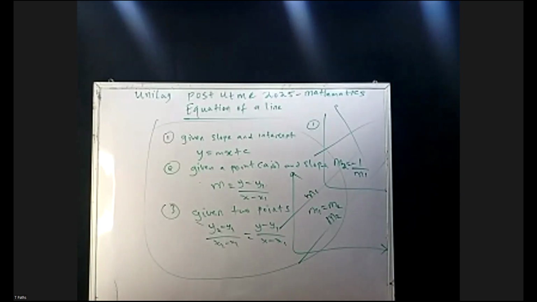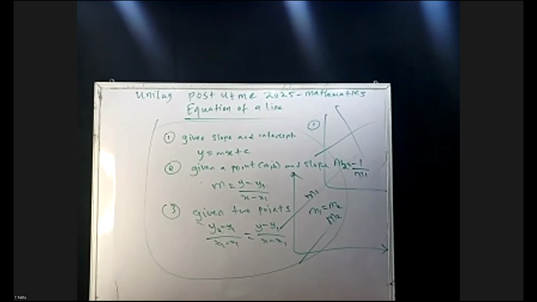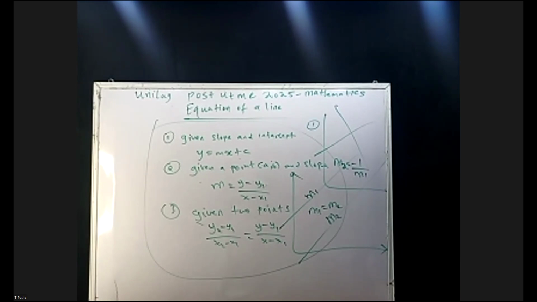Sir, for the perpendicular lines, is it minus 1 over m1 or 1 over m1? M1 equals minus 1 over m2. But we wrote m2 equals minus 1 over m1 on the board.